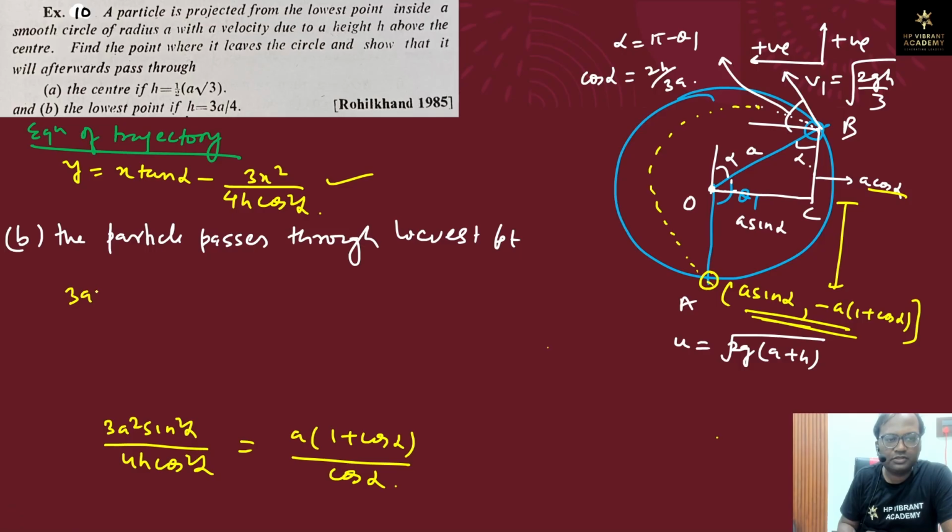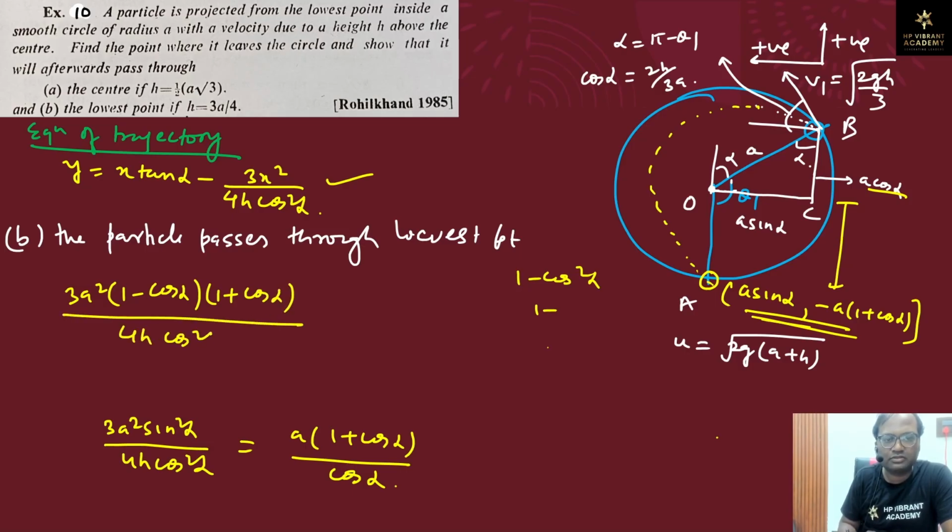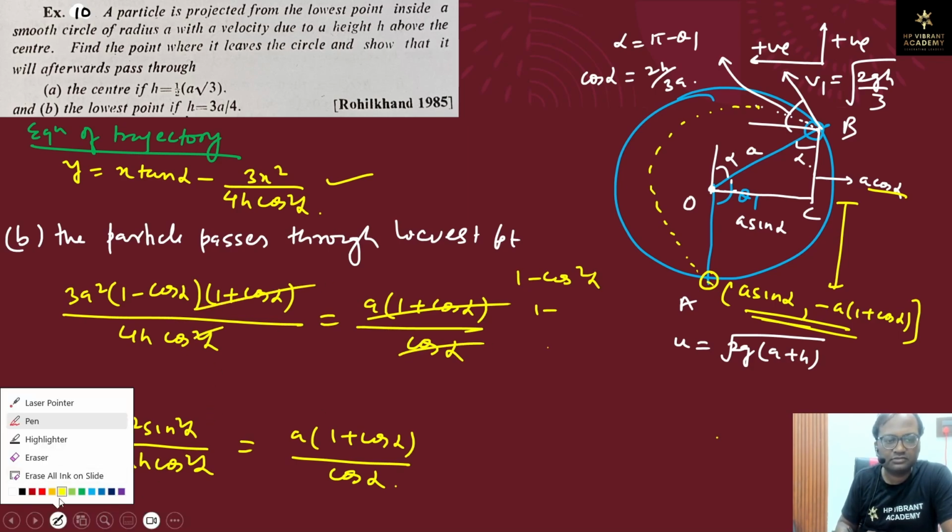So we have 3a square into 1 minus sin square alpha, we can write 1 minus cos square alpha, and this we can write 1 minus cos alpha into 1 plus cos alpha, divided by 4h cos square alpha is equal to a into 1 plus cos alpha upon cos alpha. This gets cancelled, and cos alpha gets cancelled.